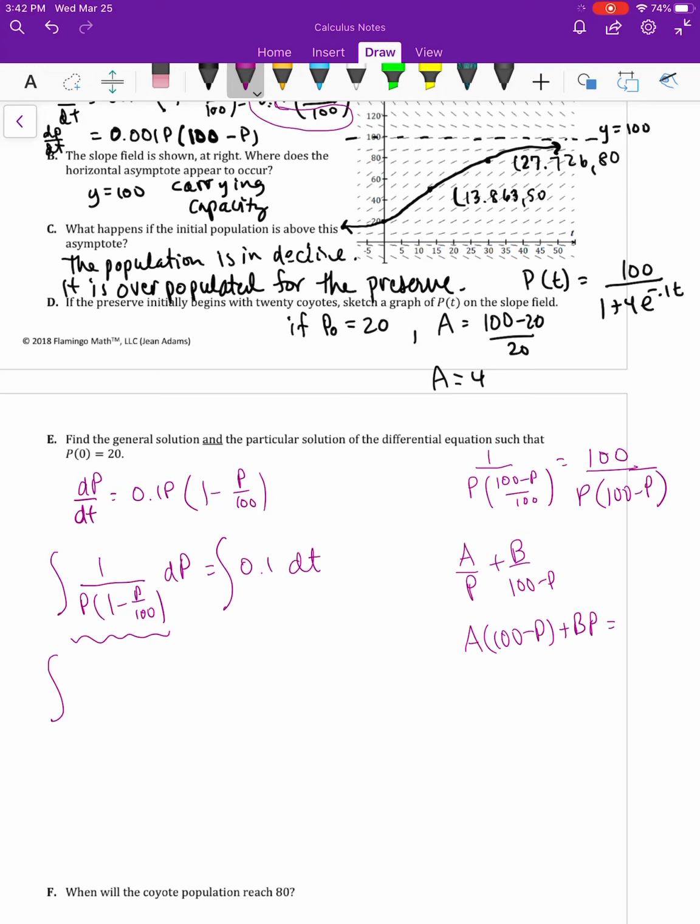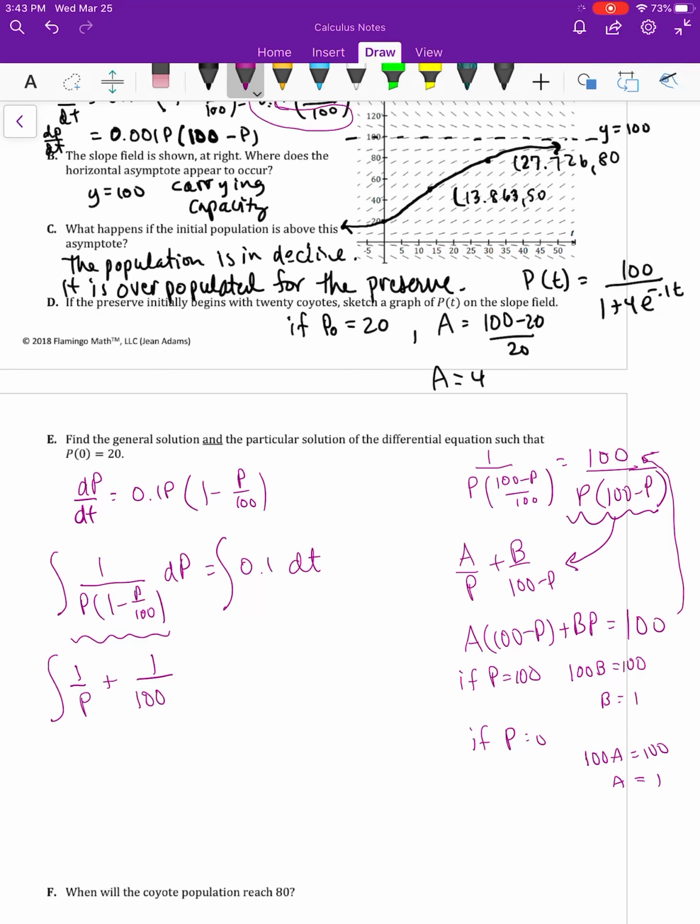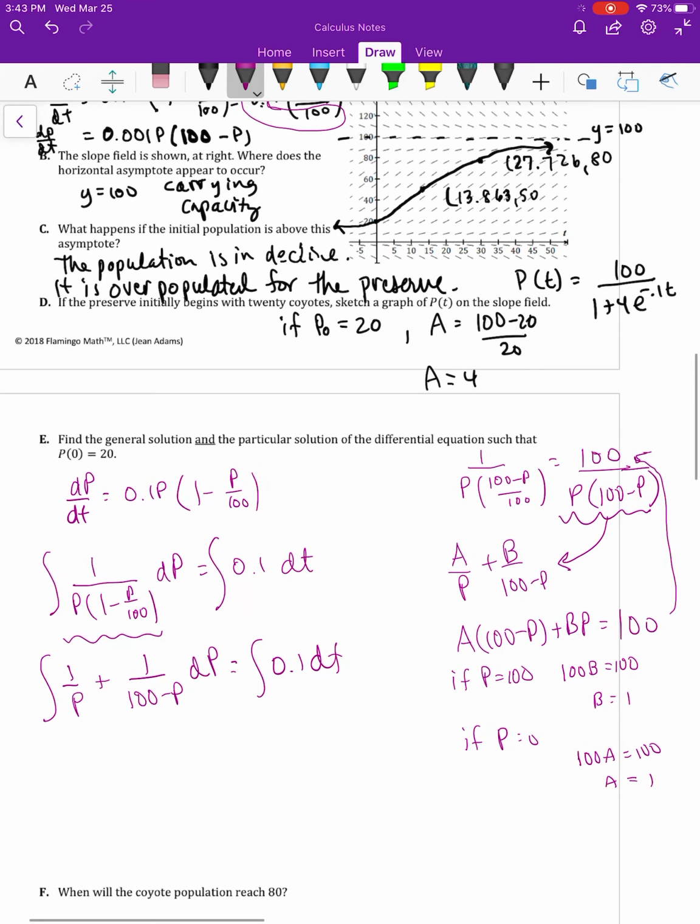So we have to take a times 100 minus p plus b times p, and it's going to equal our 100, the numerator, because we're taking this and making it into that. So now, if p equals 100, then we have 100b equals 100, and our b is 1. If p equals 0, then we have 100a equals 100, and our a is 1. So this becomes 1 over p plus 1 over 100 minus p dp.